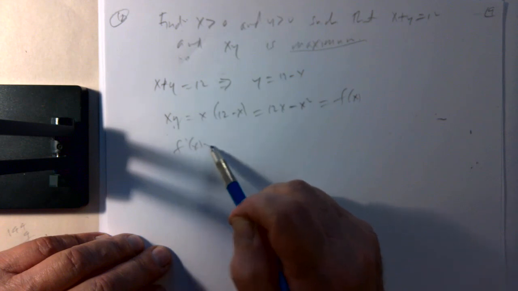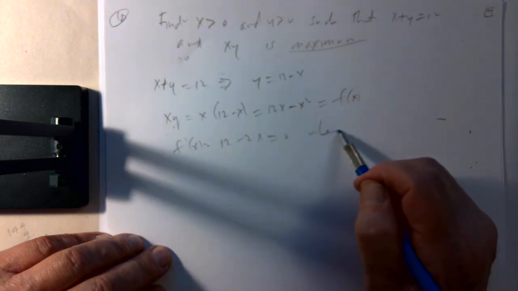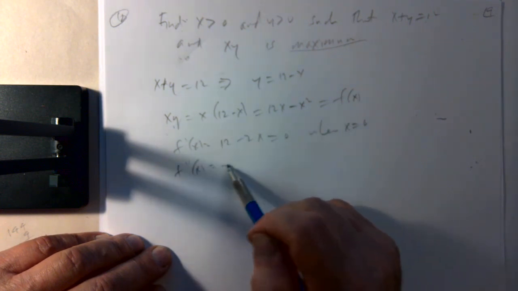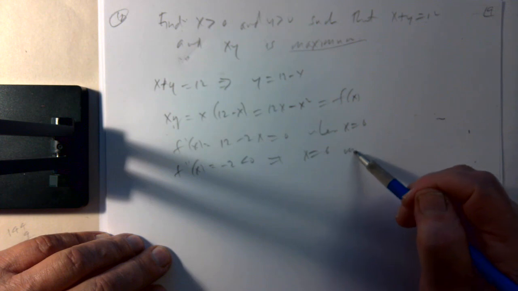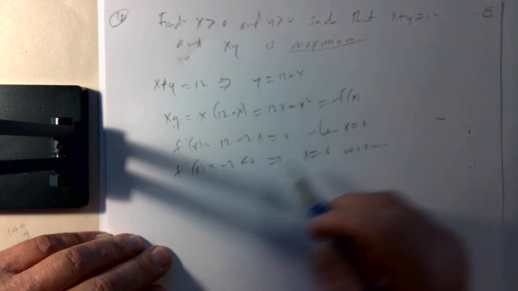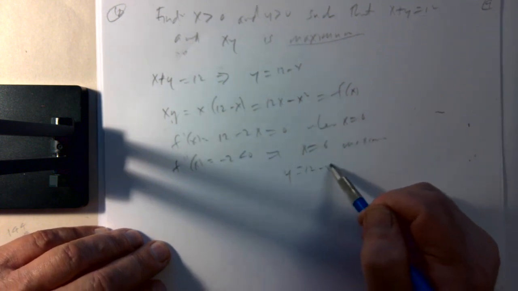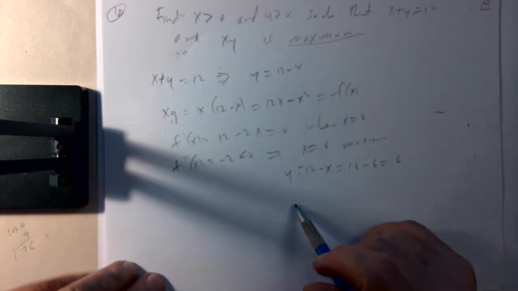So f prime of x is 12 minus 2x, which is 0 when x equals 6. The second derivative is minus 2, which is negative. So x equals 6 is a maximum. And when x is equal to 6, y is 12 minus x, or 12 minus 6, or 6.